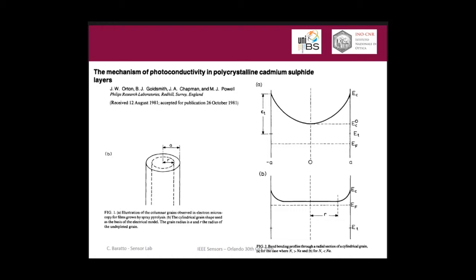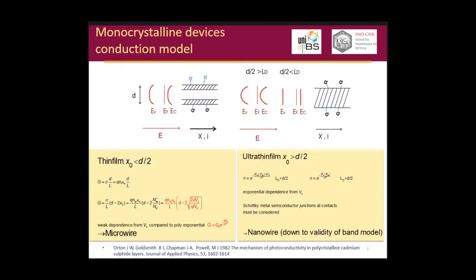This means that the cylinder is completely depleted of carriers, while if the diameter is higher than the Debye length, you will have band bending at the surface, and in the central region you will have a flat band. Okay. In this case, the effect that you are observing with the gas is only at the surface of your material.